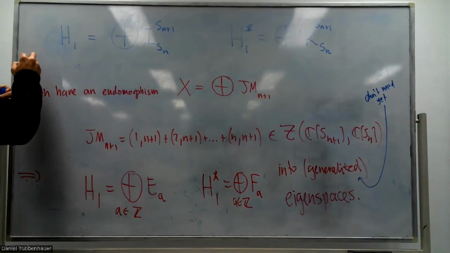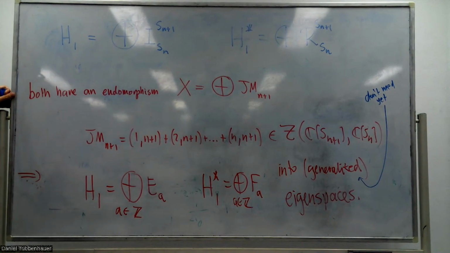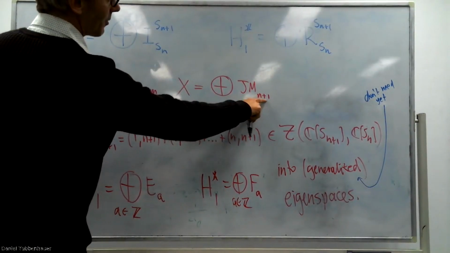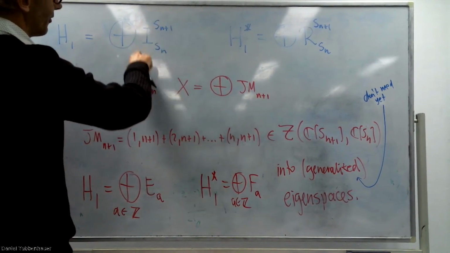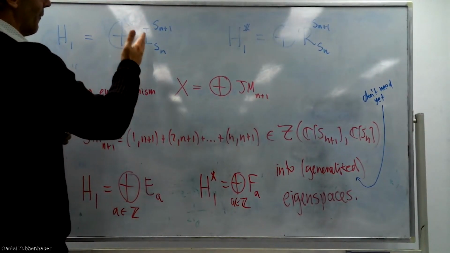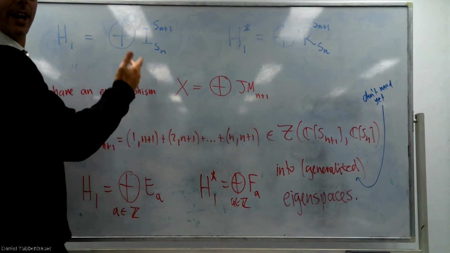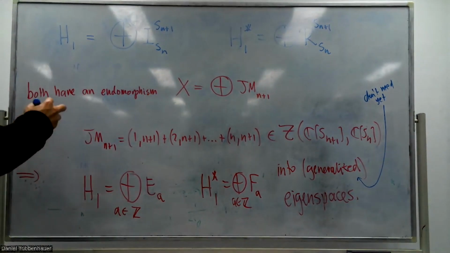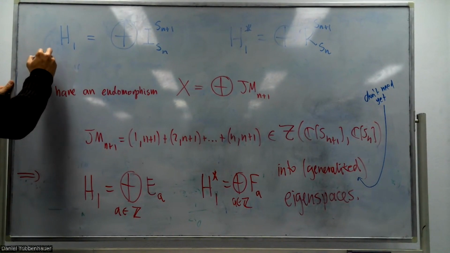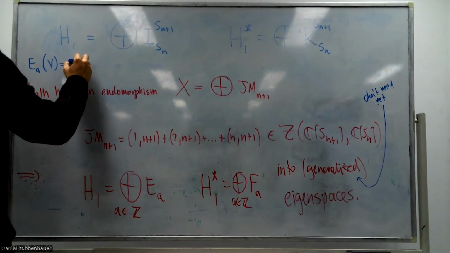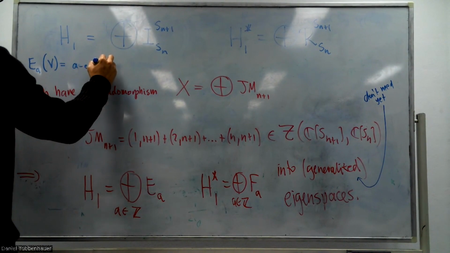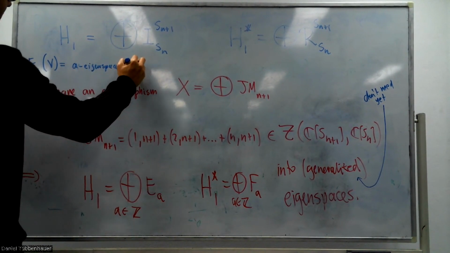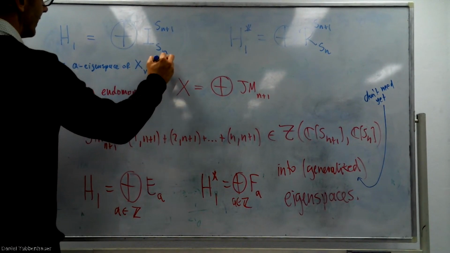But don't you have one eigenvalue for every one of these Jucys-Murphy elements? Yeah, but when I apply this to an S_n module, I only apply the (n+1)st Jucys-Murphy element. So E_A of V is the A eigenspace of X_V acting on H1.